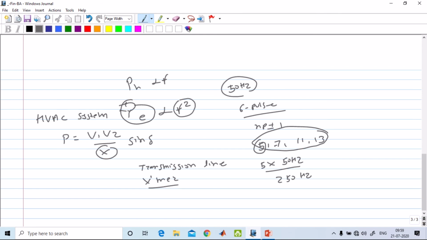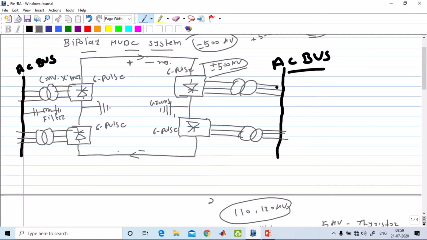So to increase the active power transfer in an HVAC system, we design this transformer in such a way that we can reduce this X, so we can transmit the maximum active power. But exactly the opposite case we use here in the HVDC system.